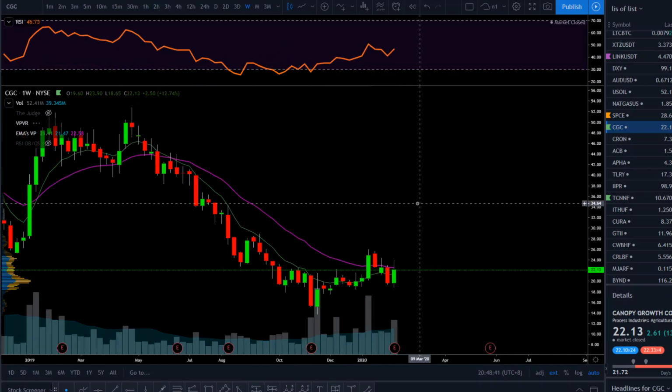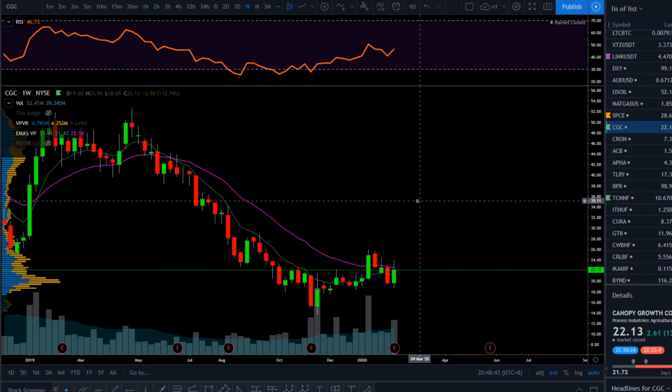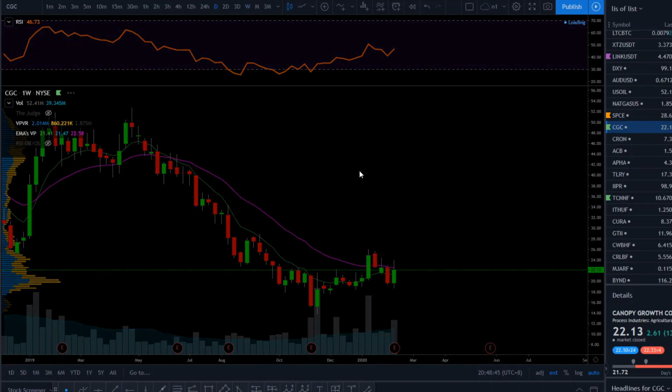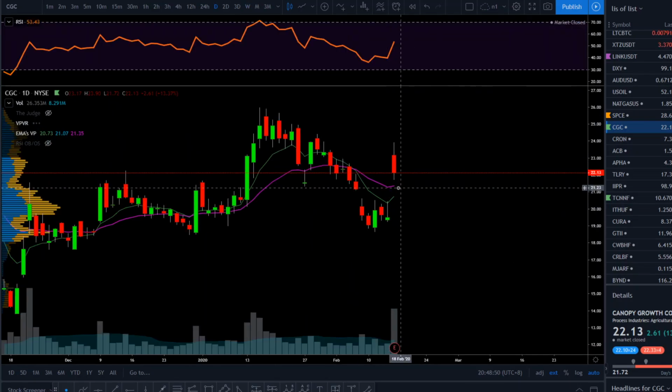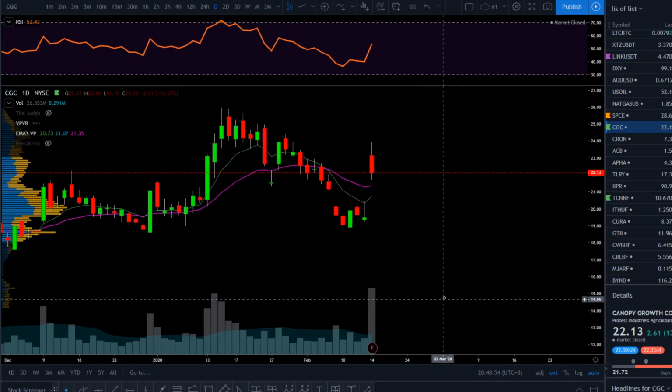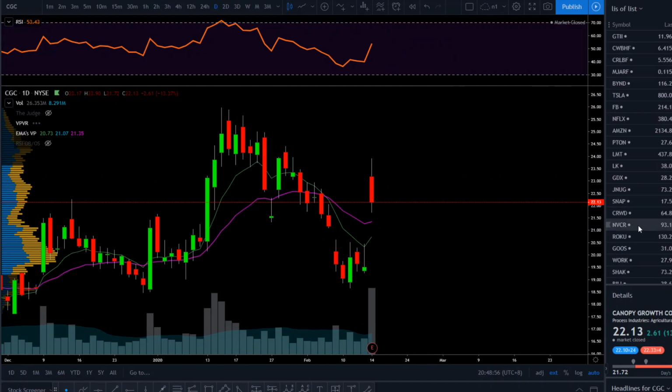That's putting a bit of a damper on the bullish sentiment on the weekly, but on the daily, I guess we did close above the daily 21 EMA, so we'll see what happens. Alright, that's all I wanted to have a look at.